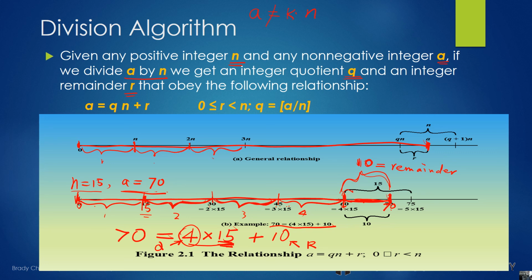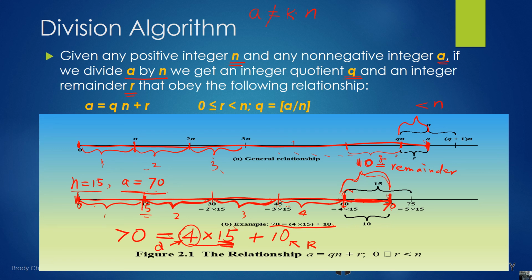We continue to cut until we get 1, 2, 3, and the last piece is Q, all the way to Q. Now Qn is smaller than a, but the distance between Qn and a should be smaller than n.